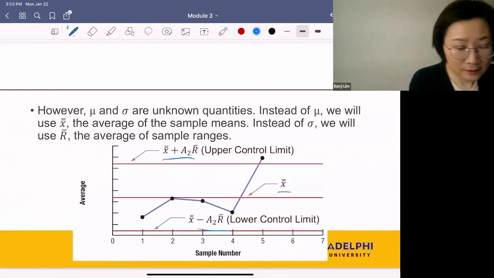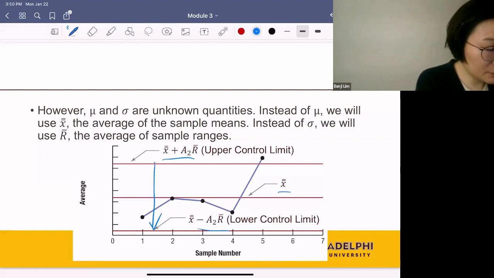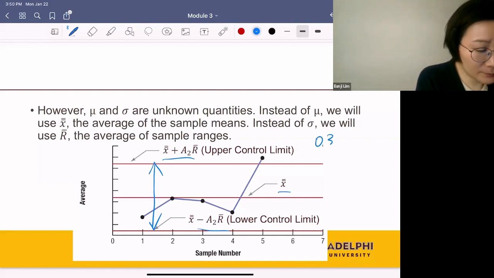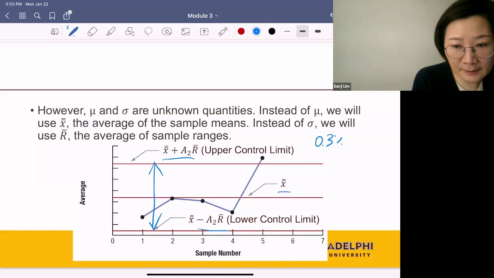Now remember, 99.7% of the sample means are within the two limits, and only 0.3% of the time the sample means are outside the limits. And this happens even if the process is in control.